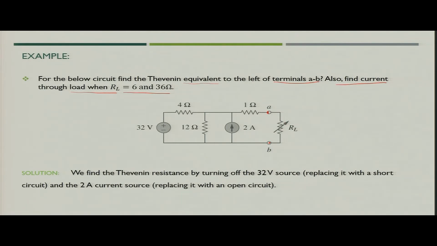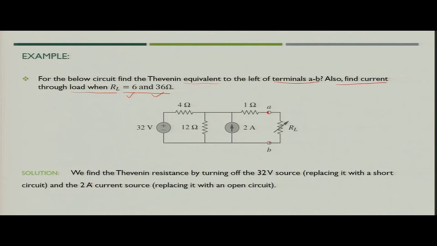This is the variable load, it will keep on changing, so you need to find the current through the load under various loading conditions. For this case we are considering two different loading conditions where RL is 6 ohm and 36 ohm.